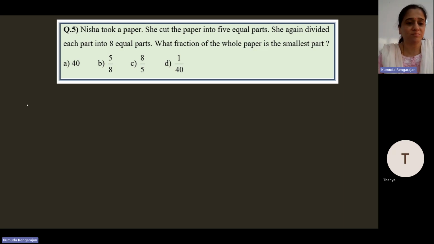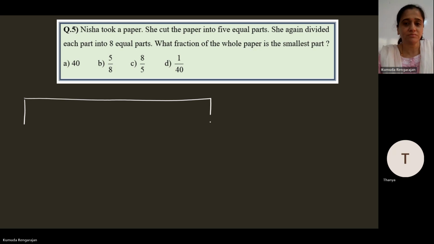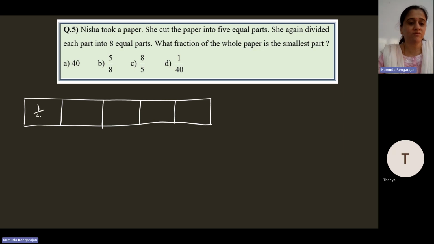Okay, so Nisha has a piece of paper. She cuts it into 5 equal parts. So this is 1 by 5, 1 by 5, 1 by 5, 1 by 5, 1 by 5. I haven't explained yet, I'm still doing it. So this is the paper. She cuts the paper into 5 equal parts, and each part represents 1/5 of the whole paper, right?